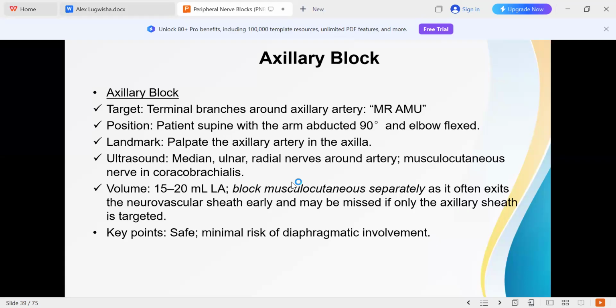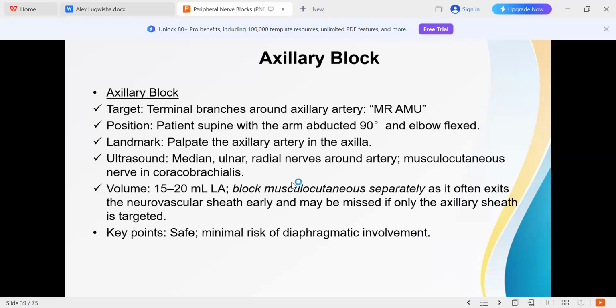And like we said, the musculocutaneous nerve is in the belly of the coracobrachialis muscle. You want to deposit about 15 to 20 mL of your local anesthetic agent. After you have blocked those 3 nerves, you want to go laterally into the body of the coracobrachialis muscle to look for the musculocutaneous nerve and block it.